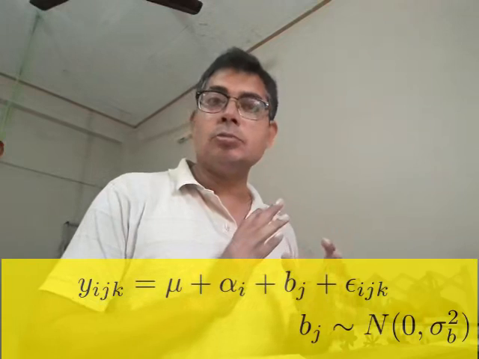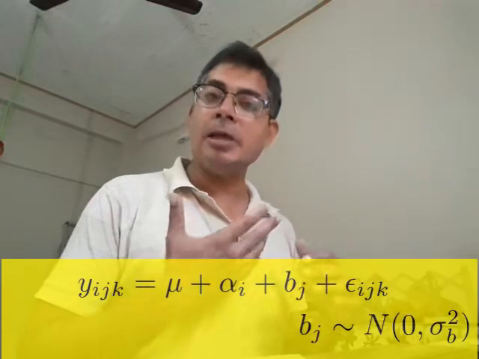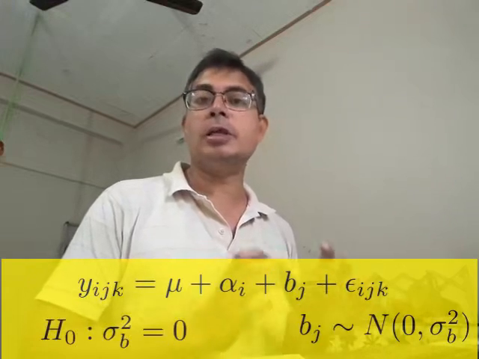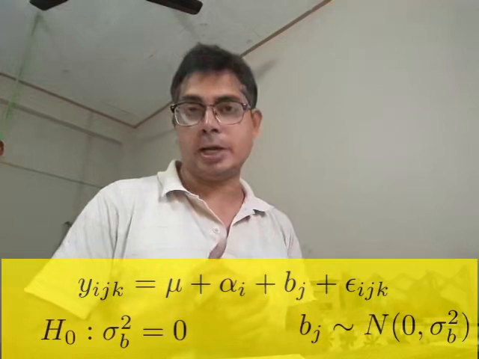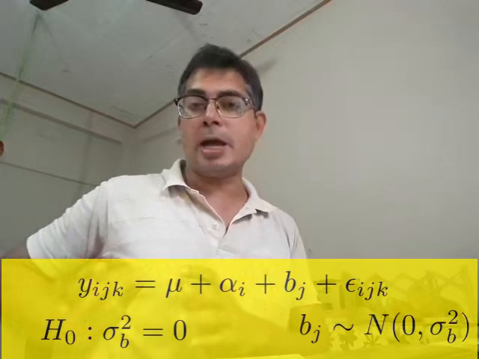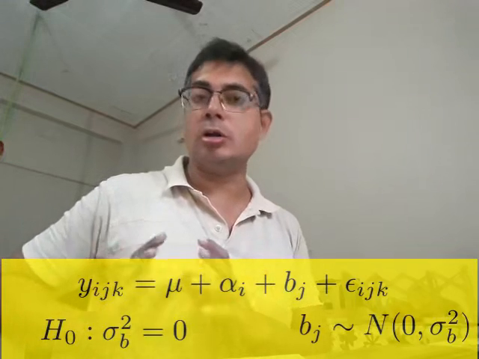The test that will achieve the same effect here will be to test something involving the sigma b square. So we shall test H0 sigma b square equal to 0 or not.